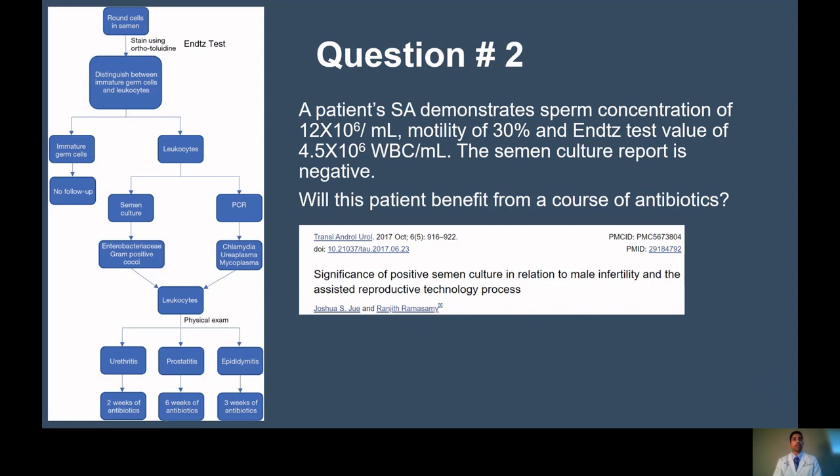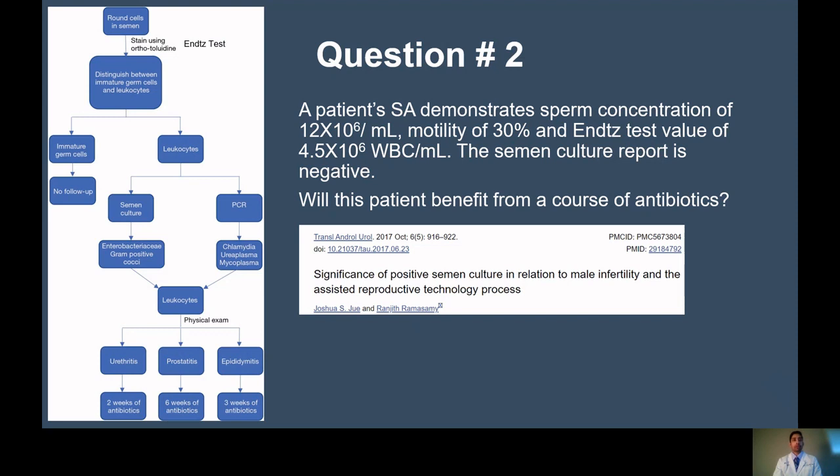So in this patient with an elevated round cell test, and we determine that there are leukocytes present, a semen culture and PCR should be performed. The PCR will allow us to check for gonorrhea, chlamydia, atypical bacteria such as ureaplasma and mycoplasma, and depending on the results of the culture and the PCR, will determine the treatment regimen and whether antibiotics will be of benefit.